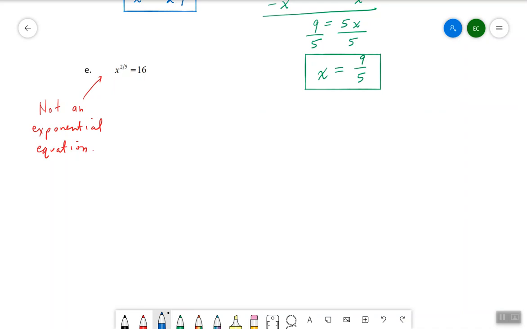Let me write that out, and then we'll get a better look at it. So let's write x to the 2/5 is equal to 16, and then let's raise both sides to the 5/2 power.